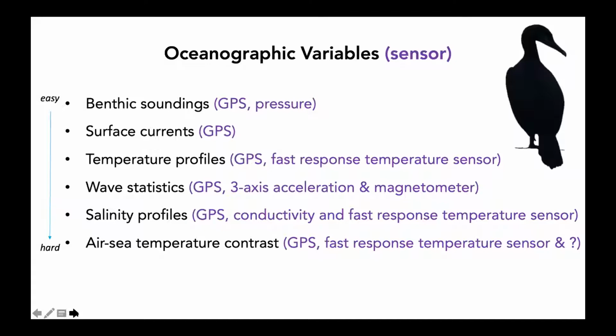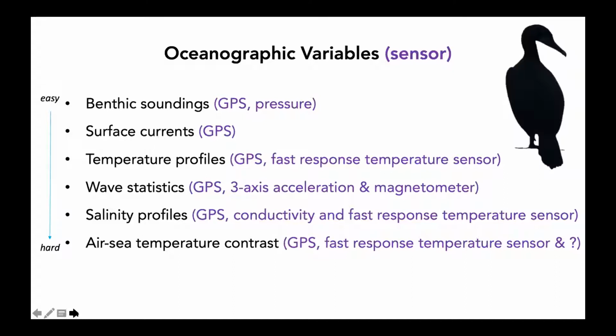You'll notice that all of these measurements are linked to that GPS location, so we can georeference any of these variables. The surface currents are something that we're deriving solely from the GPS. I'll talk about all of these in a second.